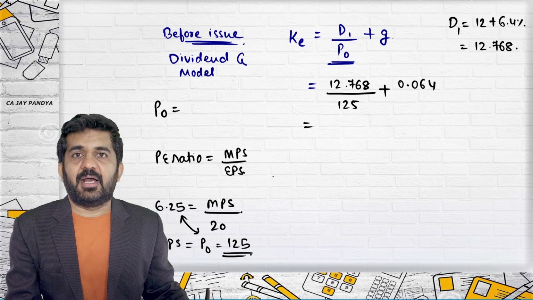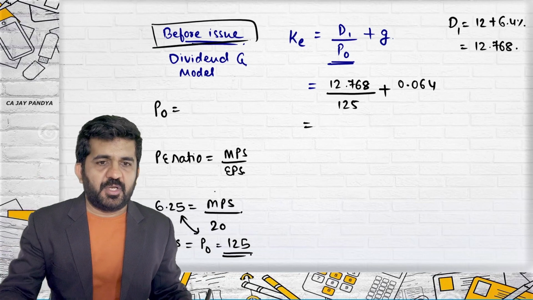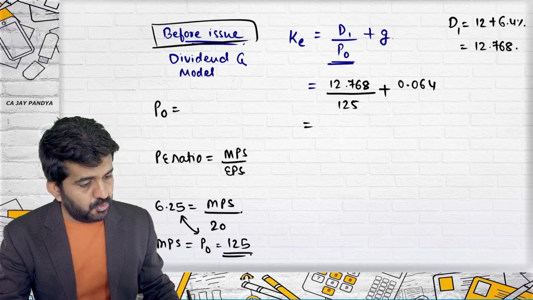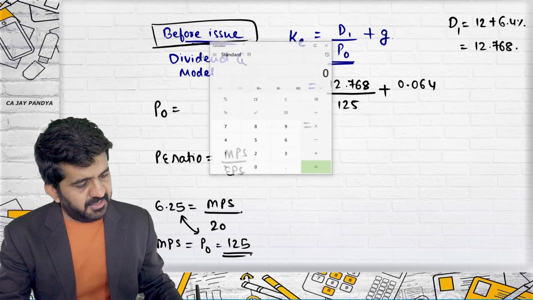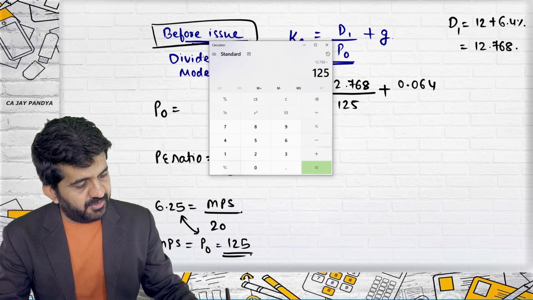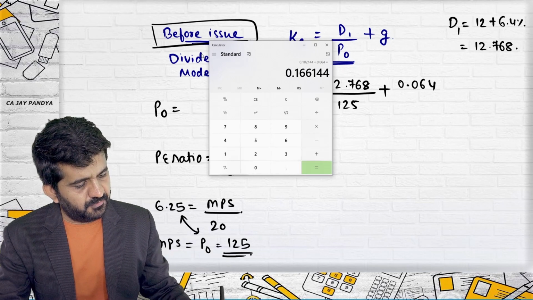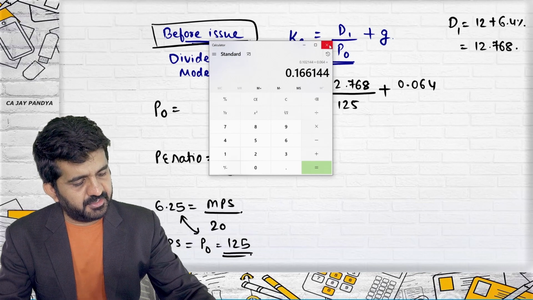This will be my answer before issue. I'll teach you the meaning of before issue and after issue. Before issue, the answer will be 12.768 divided by 125 plus 0.064. It is 16.61.